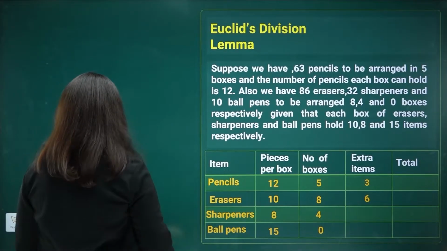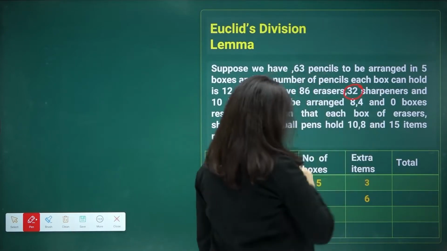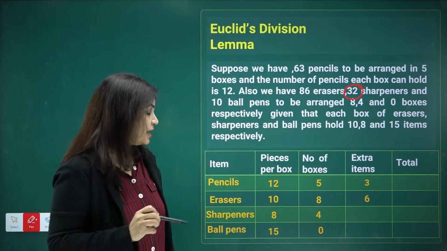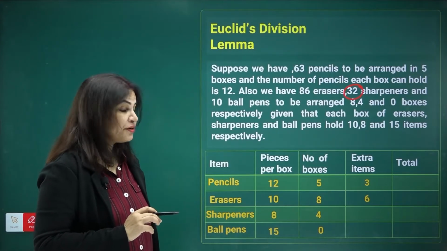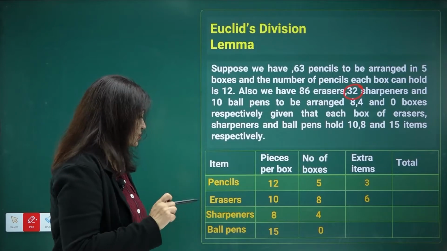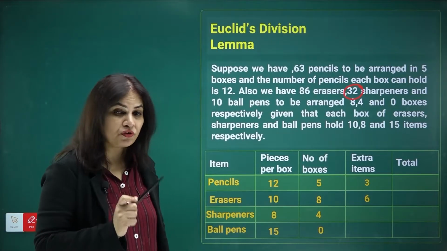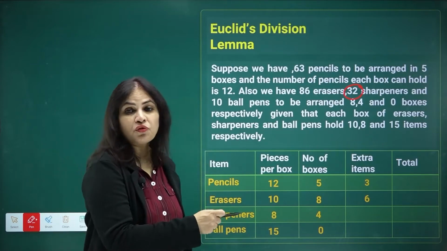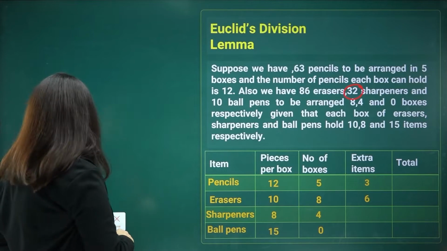Similarly, we can see we have 32 sharpeners, and these 32 sharpeners have to be arranged in 4 boxes, and it will fit exactly, because each box is holding 8 sharpeners and there are 4 boxes, 8 into 4 will give me 32, and there will be no sharpener left.